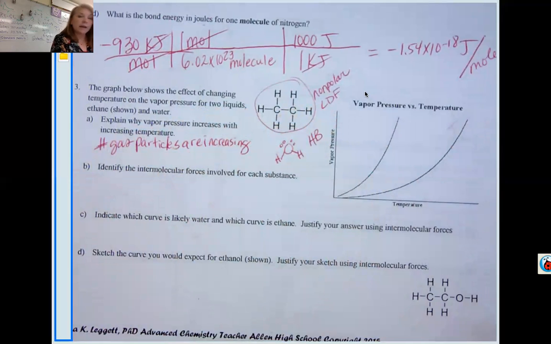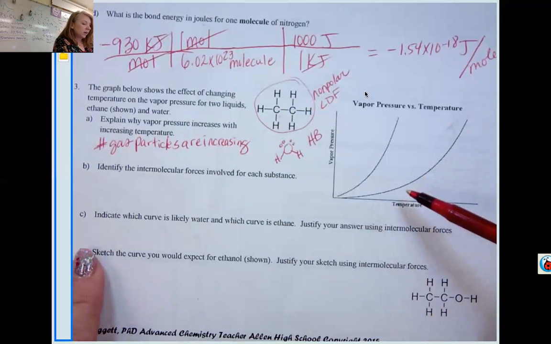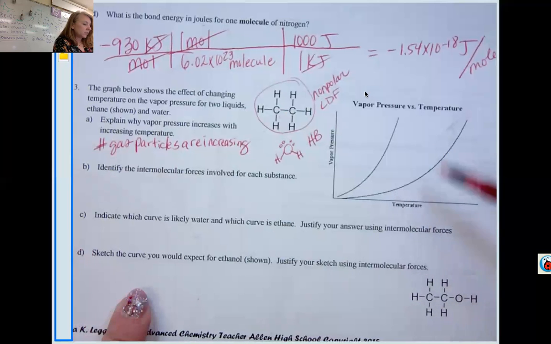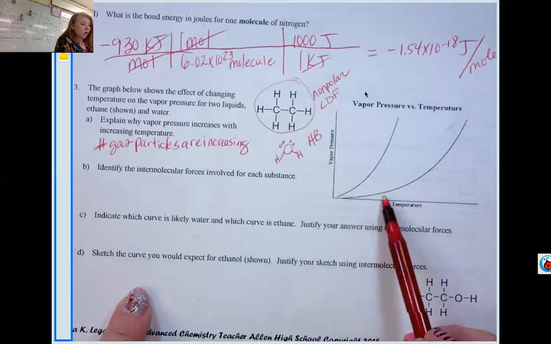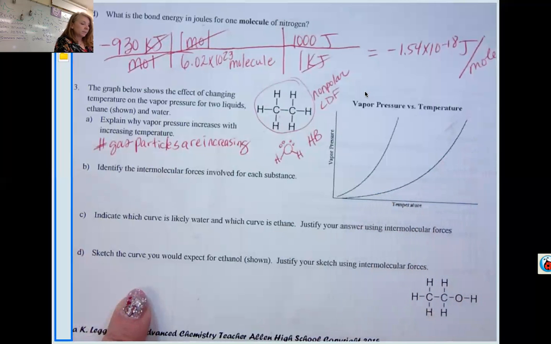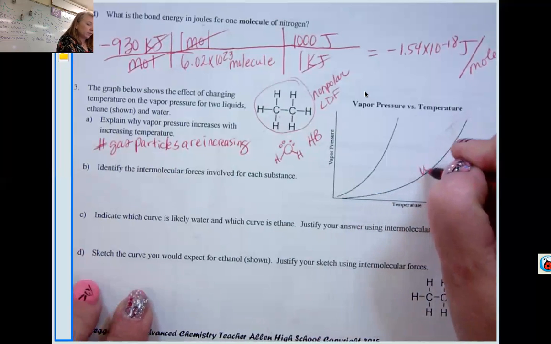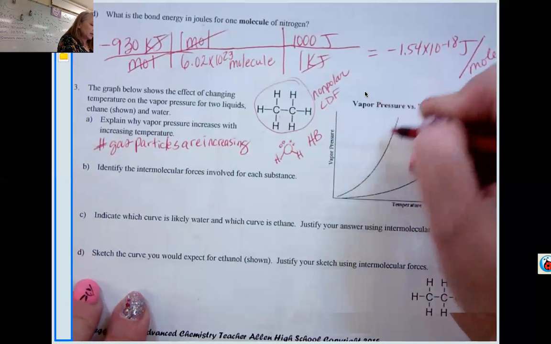Okay, so if we look at which one of these lines is going to be water, they ask you to do that in just a second, but let's think this through. Which one takes a larger increase in temperature in order to produce more gas particles? That would be water. So this one is water, and this one is ethane.